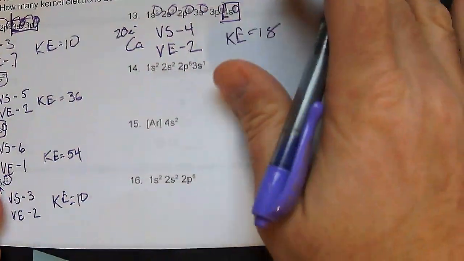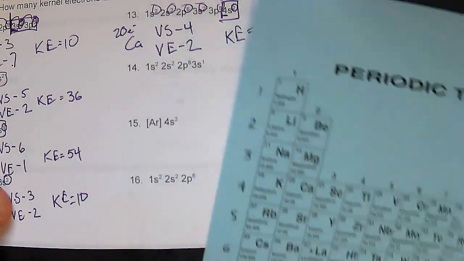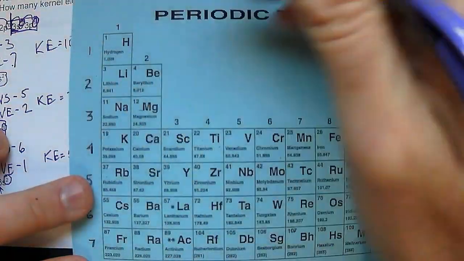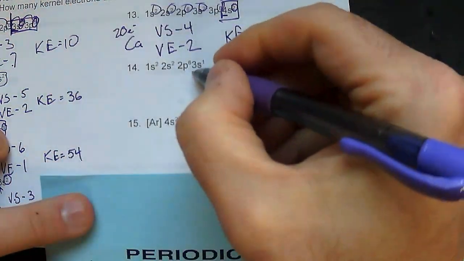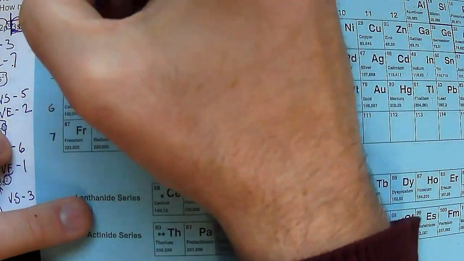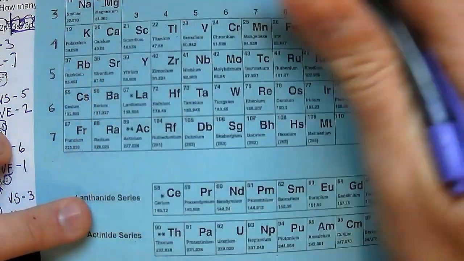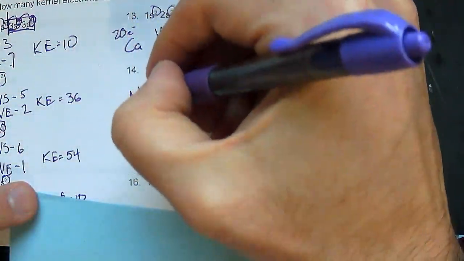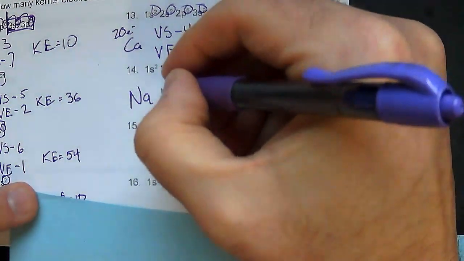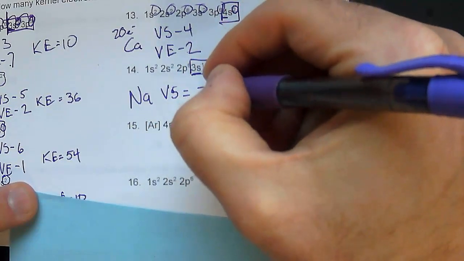Okay, so 14. Okay, 14 goes to, now I'm going to do a little more shortcut. So its valence here is 3s1. So I'm going to go to 3s1. That's sodium, Na. Okay. So again, this is the valence. So the valence shell is 3.